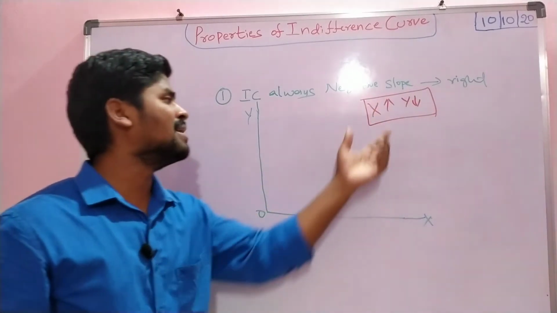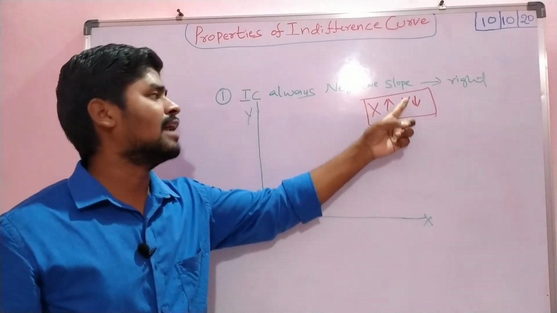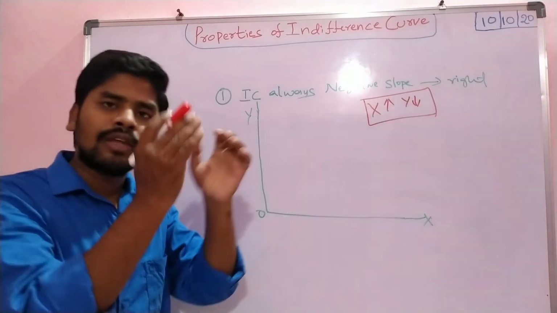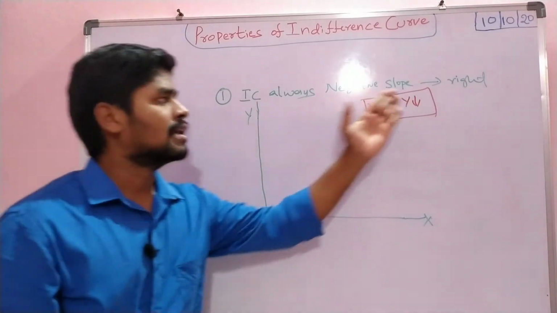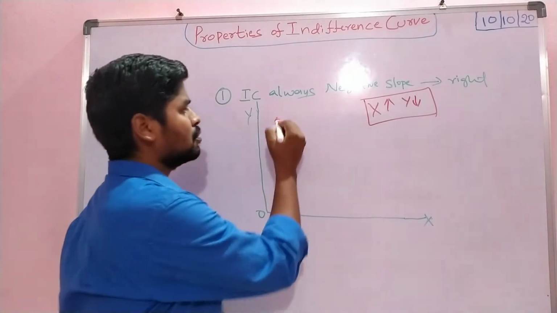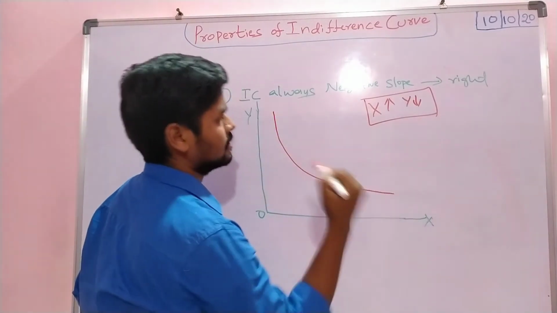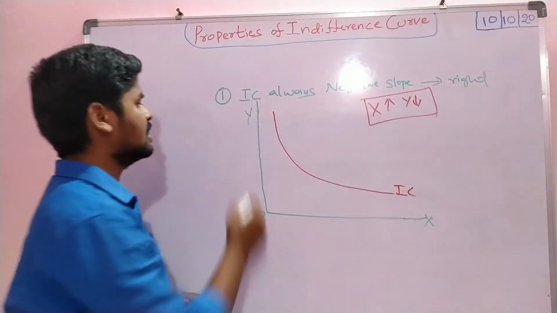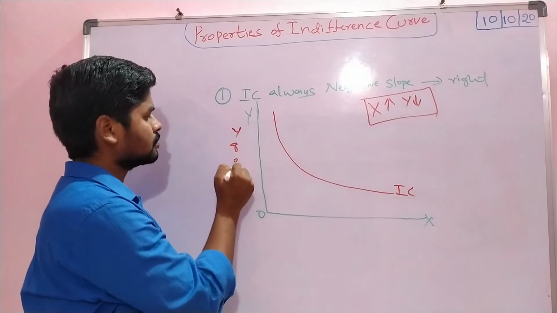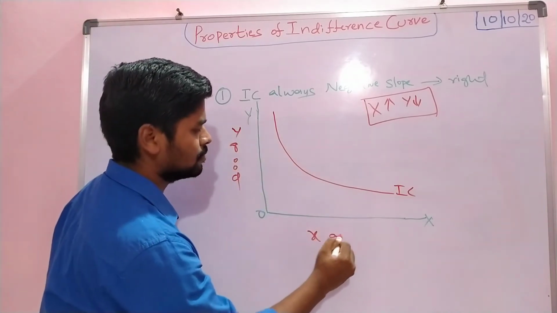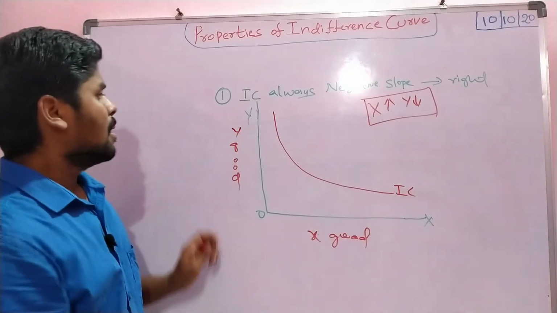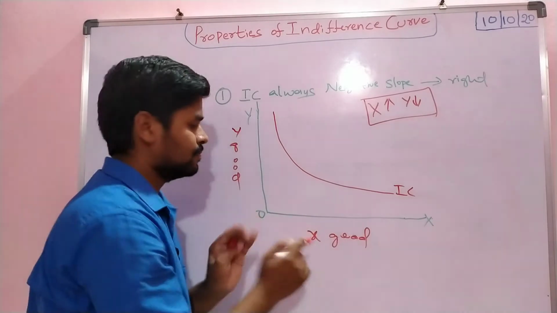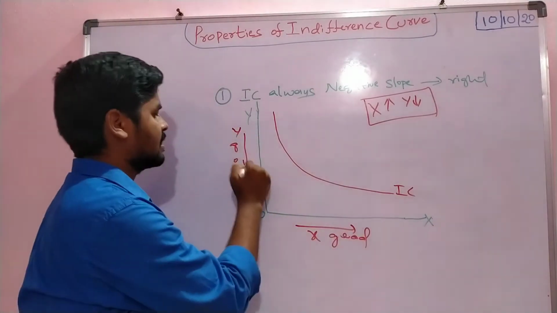That is the reason why the indifference curve always has a negative, downward slope to the right. It is like this. Here this is Y good, this is X good. We are decreasing Y and increasing X. X increases, Y decreases.